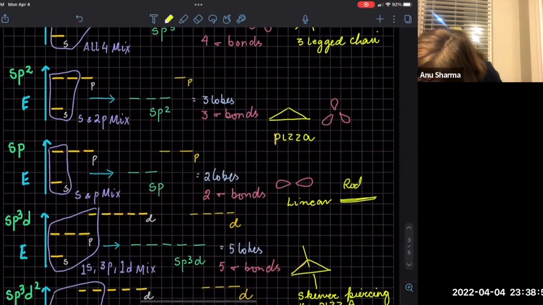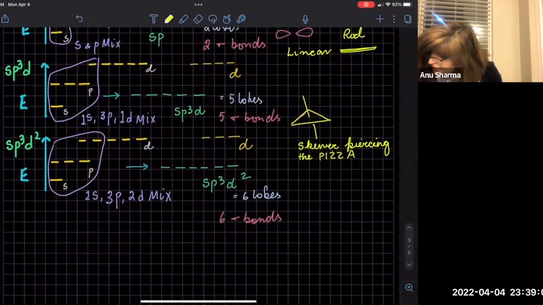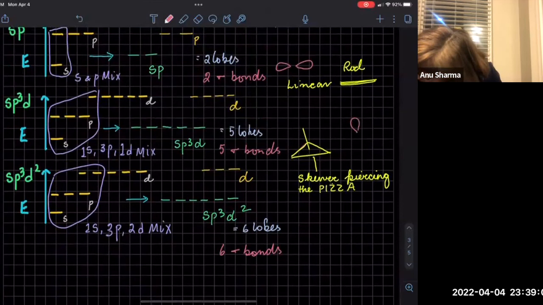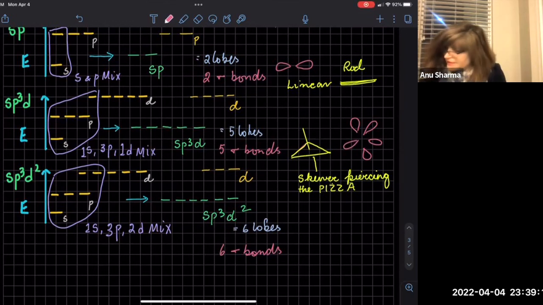That's like a chair. That's a shape like a pizza. So when we draw the lobes, how do we draw them? Do we draw them like this? One lobe going up, one going down, one going on this side, the other one this side, and then the third one here. So this is the pizza, a shape like that of a pizza.